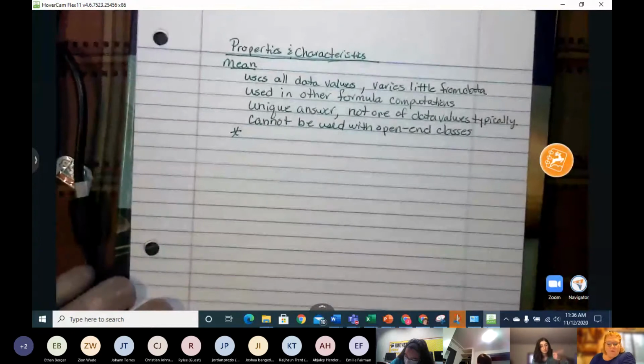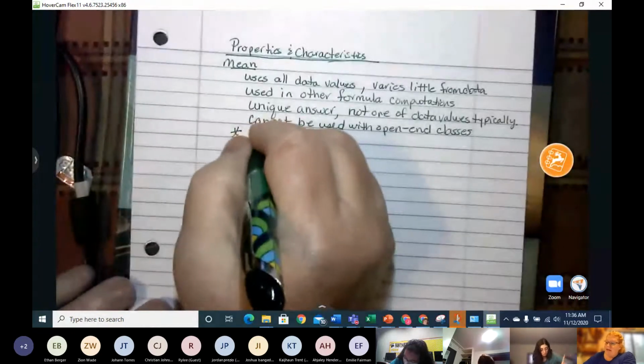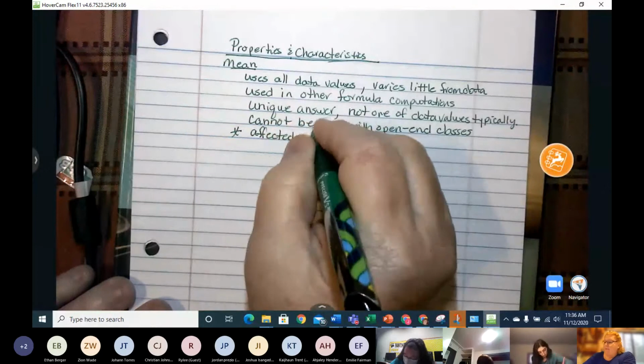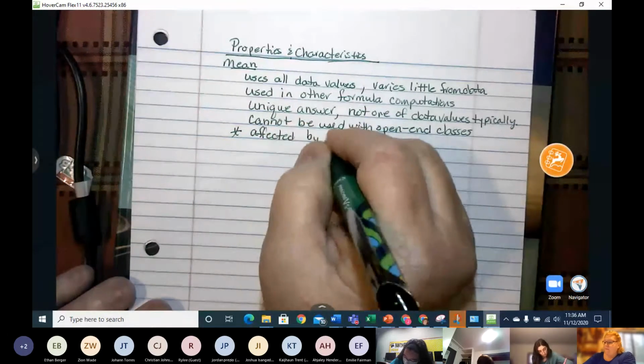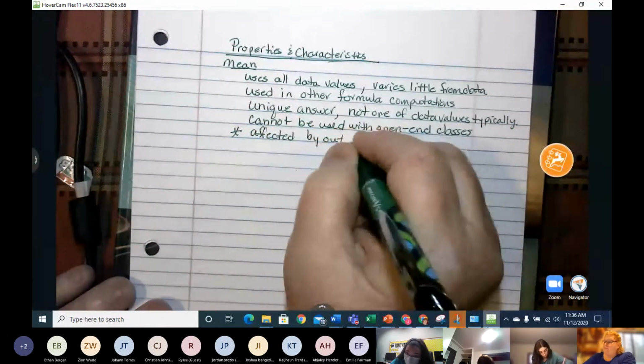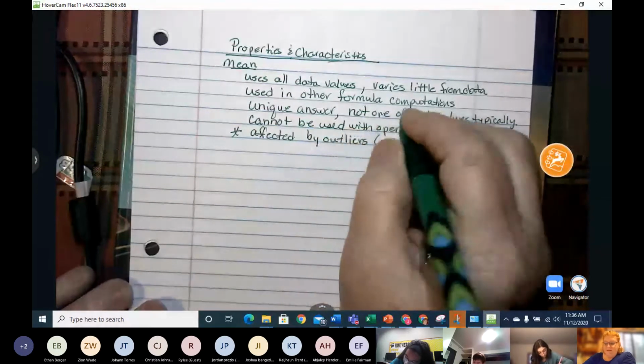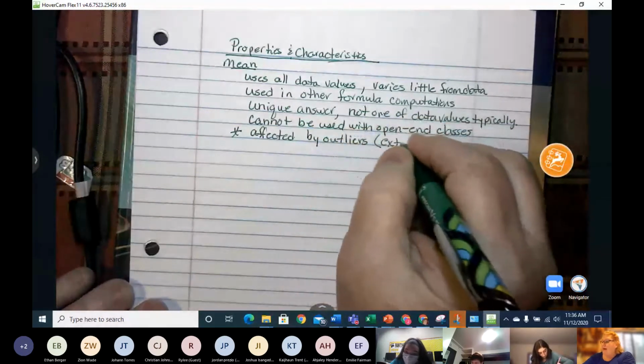But one of the most important characteristics is that it is affected by outliers, which is an extremely high or low value.